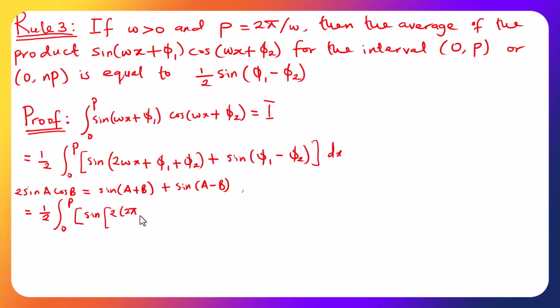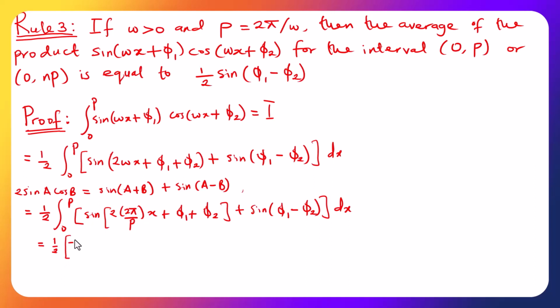So omega will give us 2 pi over p, then x plus phi 1 plus phi 2, plus sine of phi 1 minus phi 2 dx.